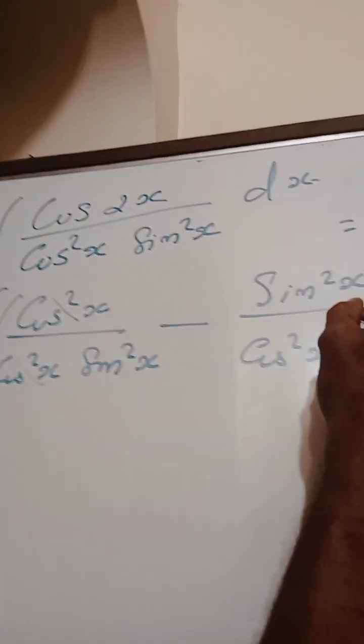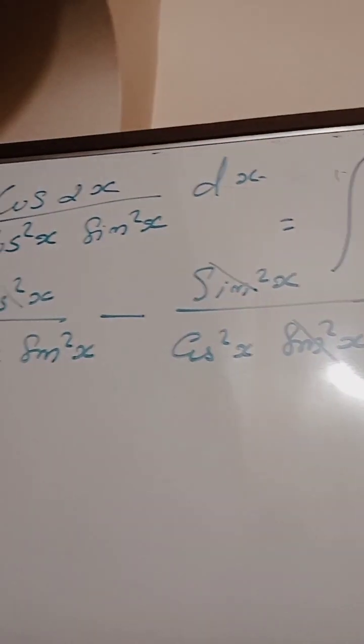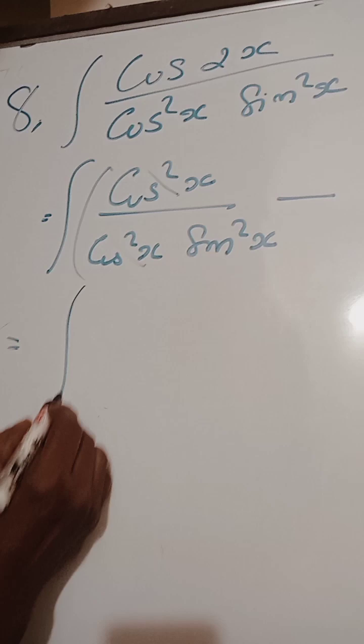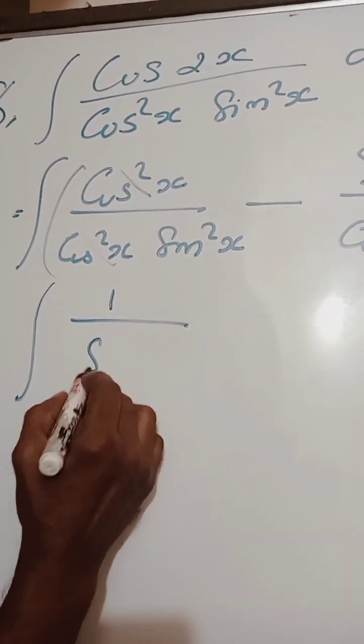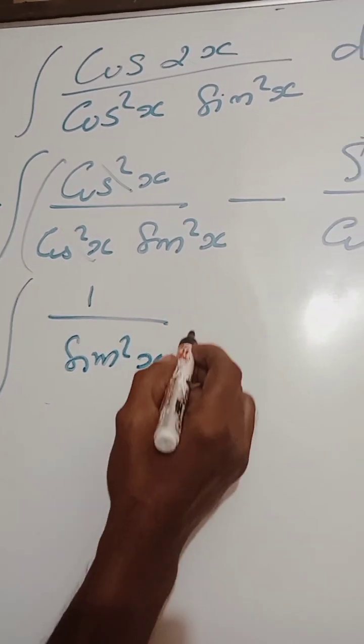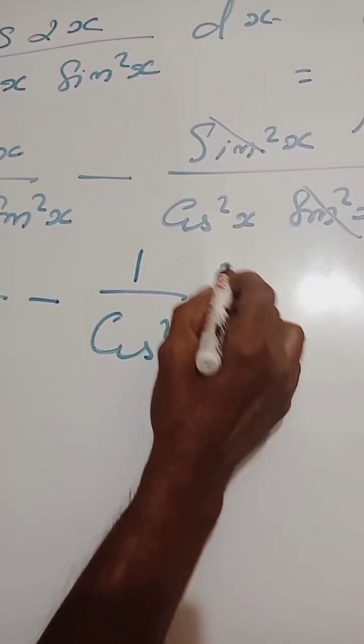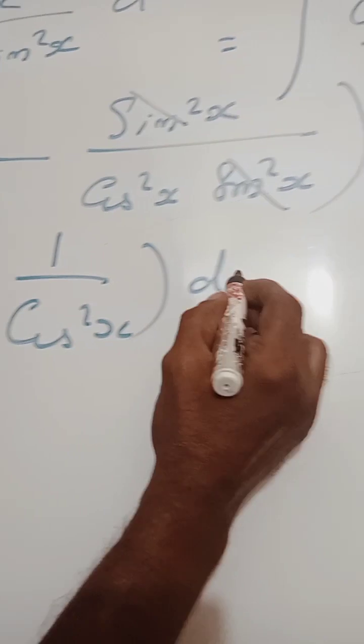This we can cut, cos square x, sin square x. Equal to 1 by sin square x minus 1 by cos square x into dx.